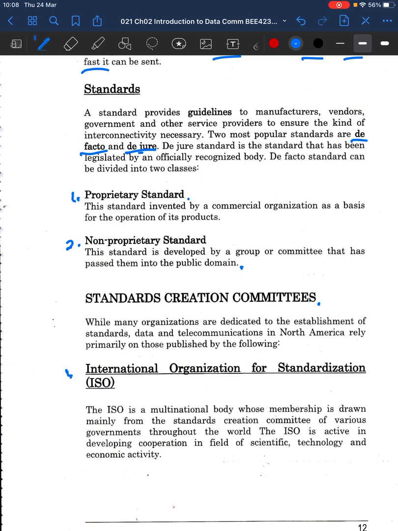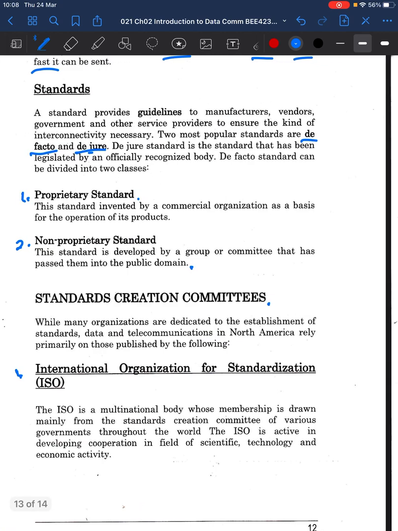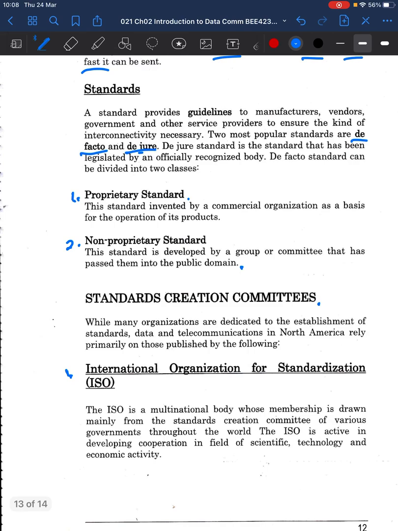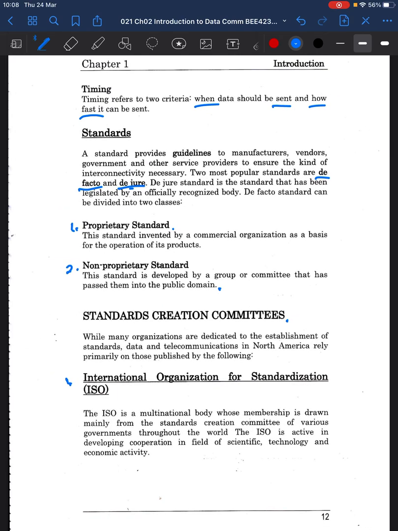I think everybody has heard something about ISO, with thousands of standards. The ISO is a multinational body whose membership is drawn mainly from the standards creation committees of various governments throughout the world. ISO is active in developing cooperation in the fields of scientific technology and economy. That is the general description of the ISO body.